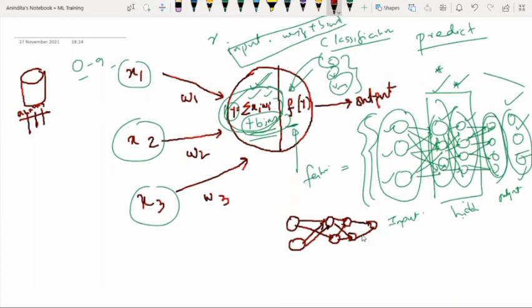Now can you tell me what should be the number of neurons in the input layer and what should be the number of neurons in the output layer?